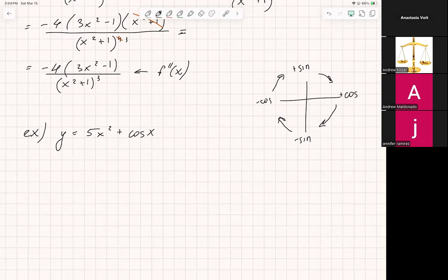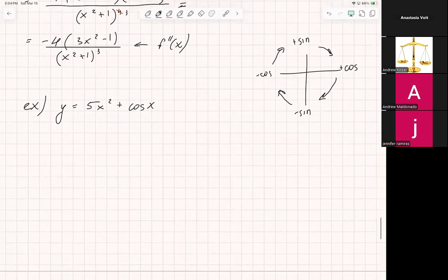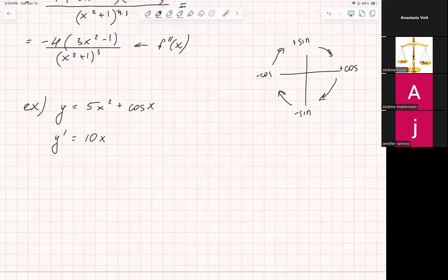Just on scratch paper, derive the derivative and you should be fine. So in this case, y prime is 5x squared becomes 10x, right? And then cosine, as we said, becomes negative sine x. And that is it, right? This is just an easy example with trigonometric functions in it.